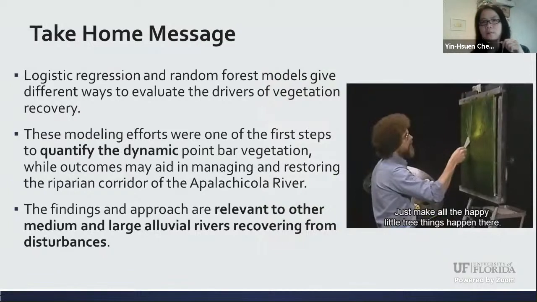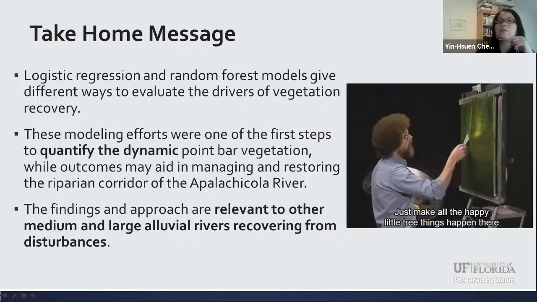All right. So the continuous optical method, logistic regression and the random forest model are comparable, like I mentioned before. The way they evaluate the model and the results they show are just different. The logistic regression model tells you the degree of influence, negative or positive, on the recovery.